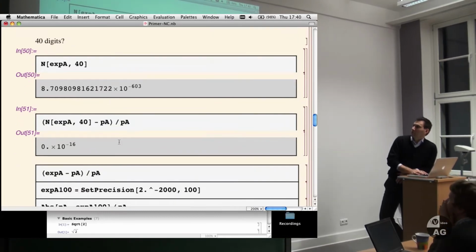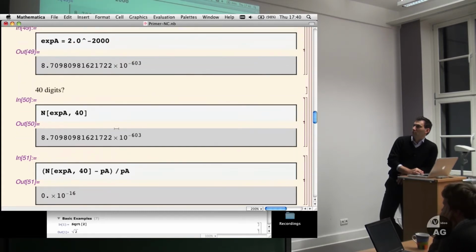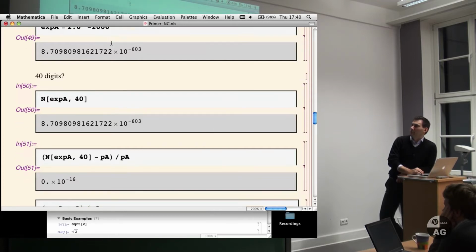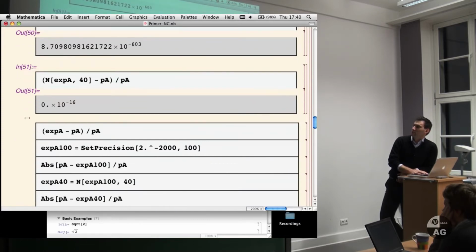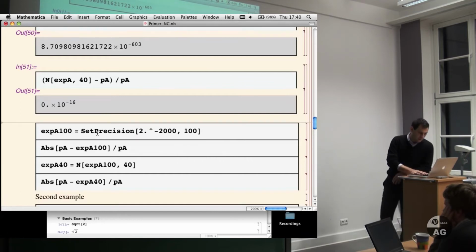But in the first line, you could say 2.0 to the power of minus 2000 of this n, or n of this, and then with the desired precision. You are doing what I'm about to do, yes. So this one we have it already, so we don't need this. That's how to do it actually.